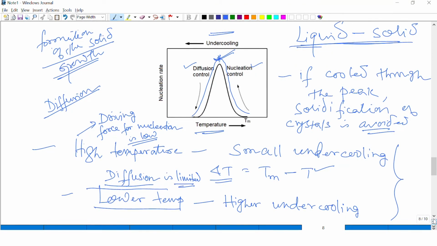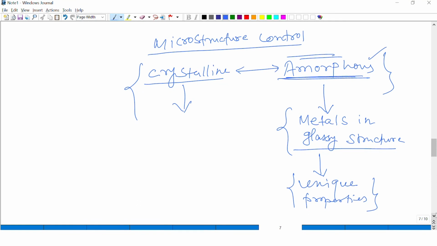We started to discuss this transition between the crystalline and amorphous solid during this liquid to solid transformation as it happens in the atomization process, and we were trying to understand how one can control the process parameters in a manner that instead of forming a crystalline solid at the end of the process, an amorphous solid is generated, right.